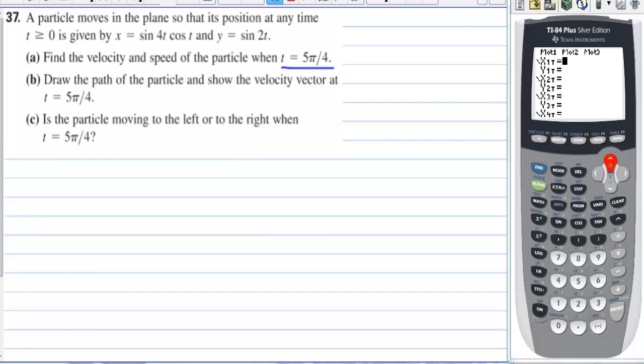And when we're evaluating, and it's not specifically asking for just the derivative, let's use our calculators. But at the same time, we need to show our work. We need to prove that we actually know what we're doing, not just getting answers. So we'll say the velocity is equal to x prime of 5 pi over 4 and y prime of 5 pi over 4.